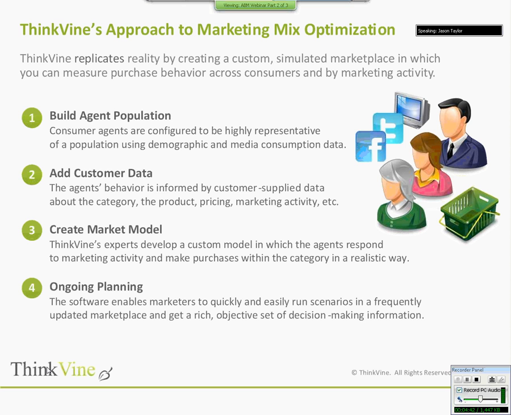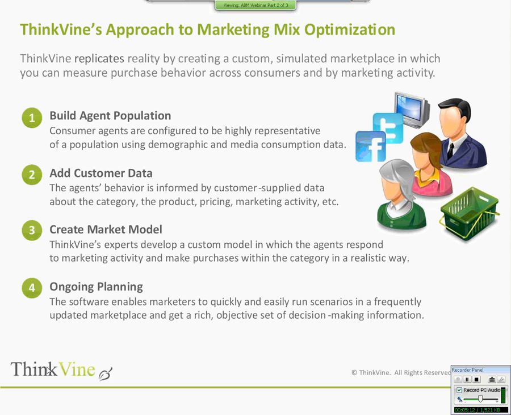Basically anything that they know about how consumers behave in the category, we can take that information in and inform our agents to make them more like the population that we're modeling. A lot of times we'll get segmentation studies, or results from a discrete choice study, or anything that tells us how people buy and behave in a category, what brands they pick, and that sort of thing.